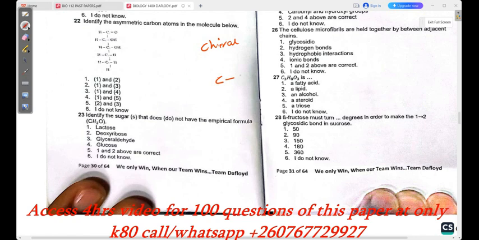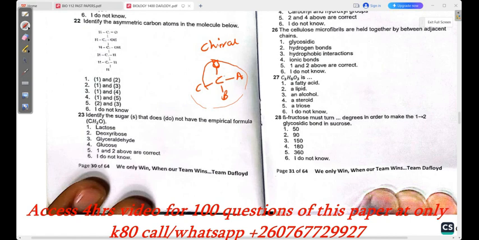So we are going to have this carbon at the center. Let's say this carbon is linked to 4 different functional groups, A, B, C, and D. All these are different from each other. We are looking at the functional groups which are linked to it. They are all different from each other.